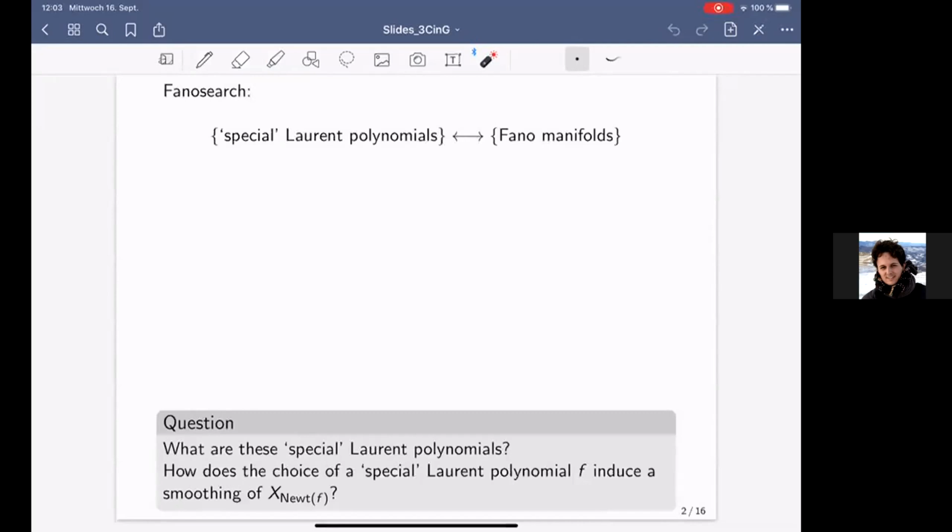And the correspondence works as follows. So basically you start from a Laurent polynomial, which has some good properties, and then you construct the Newton polytope of F, and then the toric variety associated to that, and then a smoothing of that toric variety.